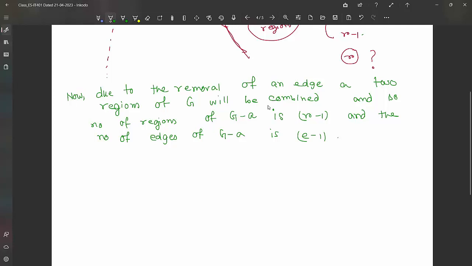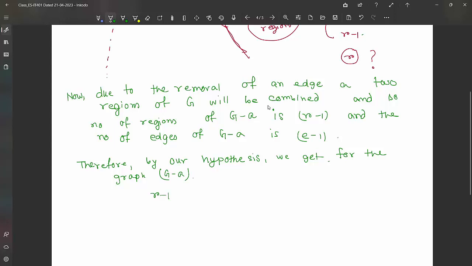Therefore, by our hypothesis, we get, for the graph G minus A, the previous theorem holds, and here this R minus 1 is equal to what? E minus 1 minus n plus 2. Is it correct?